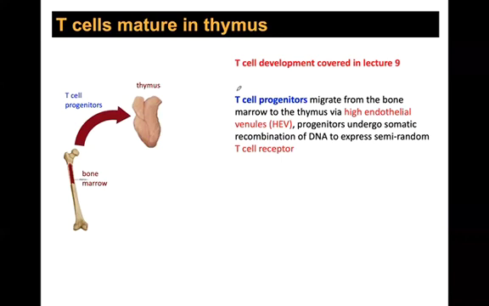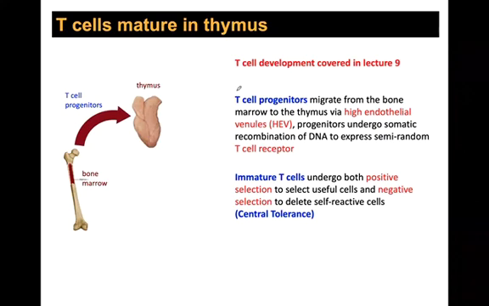Now, once the T cells get into the thymus, they then undergo somatic recombination of their DNA to express a semi-random T cell receptor, so that all the T cells coming out of the thymus have a different TCR on their surface. Now for T cells, remember T cell receptors recognize peptides that are presented by MHC proteins. And so you have two steps to their tolerance.